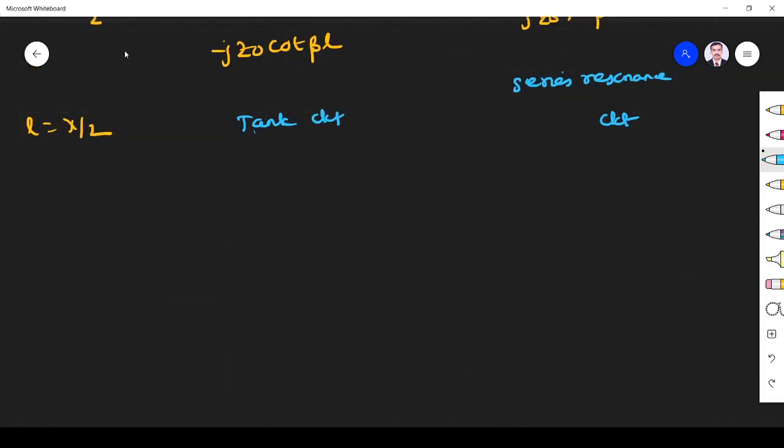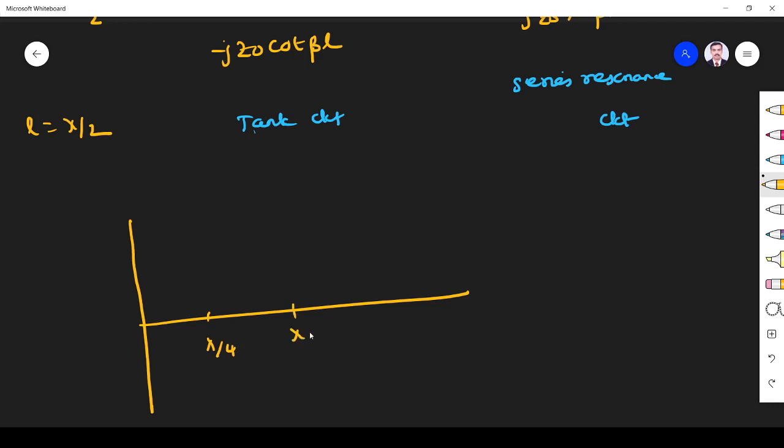In graphical format, how can I write this? I can draw. L varies from 0 to lambda by 4, lambda by 2, 3 lambda by 4, lambda, and the axis is XOC by R naught.